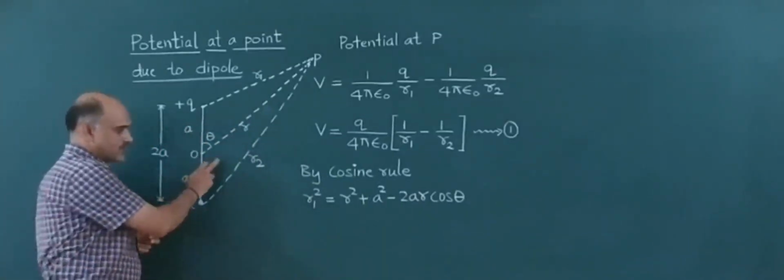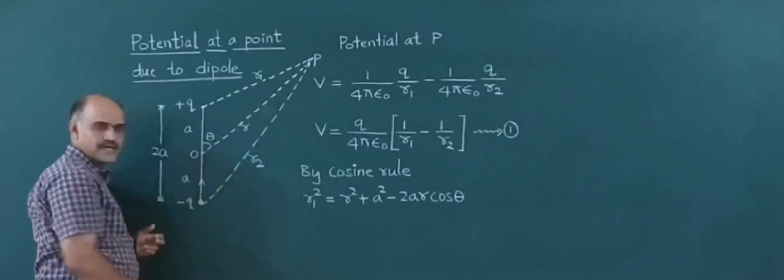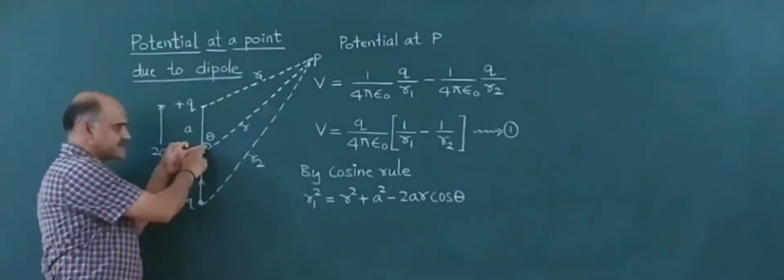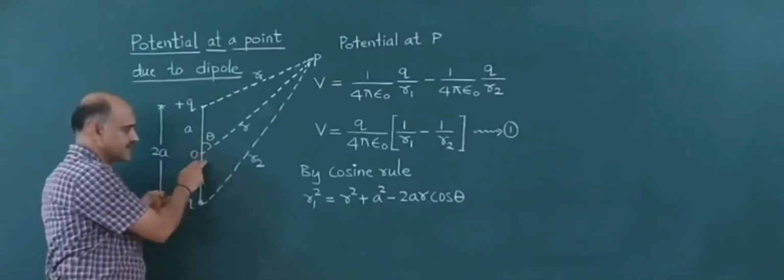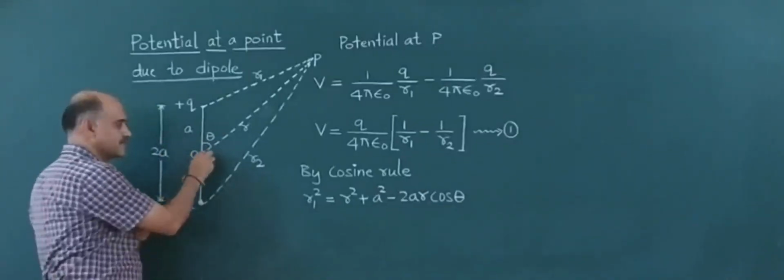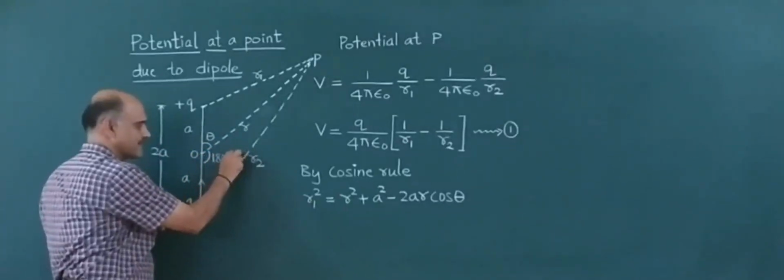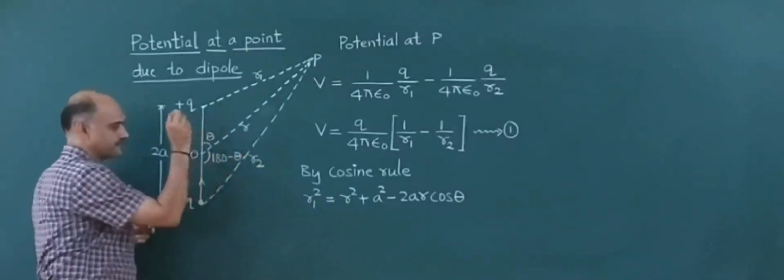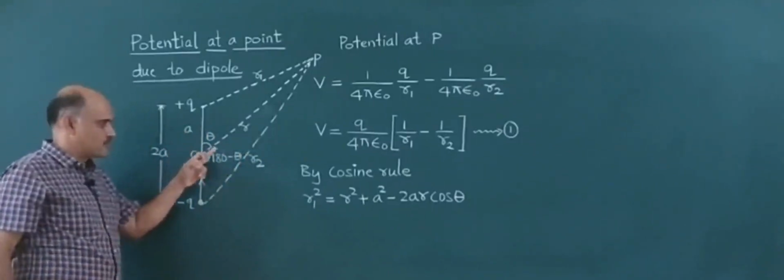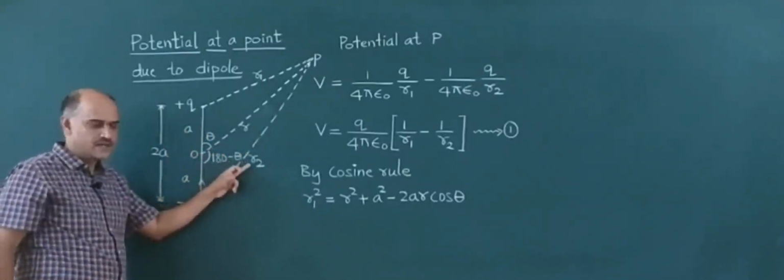Now similarly you can tell me the cosine rule for this triangle. If this is theta, then this angle will be 180 minus theta. The side opposite to this is R2 square.